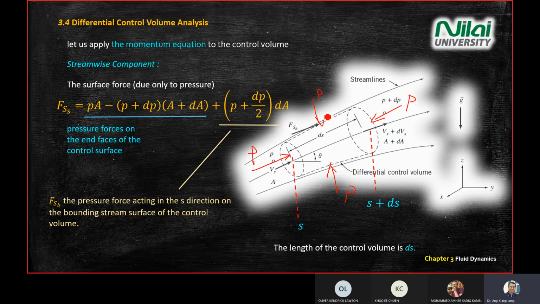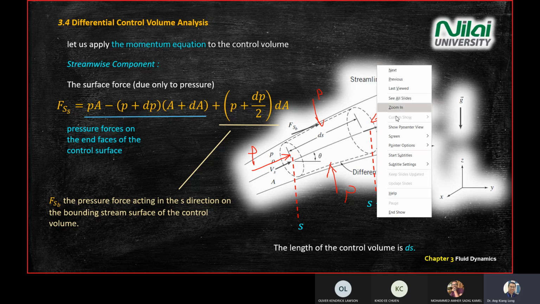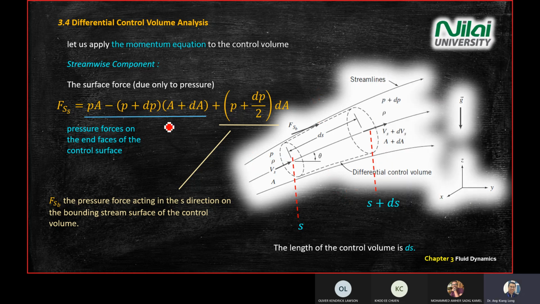Then what happens to the third term on the screen here? Like what you see on the screen, there is a notation there. This term is the pressure force acting in the x direction on the bounding stream surface, which is on the body over here.